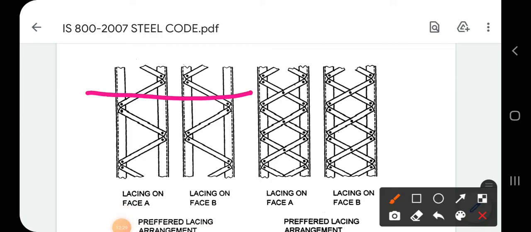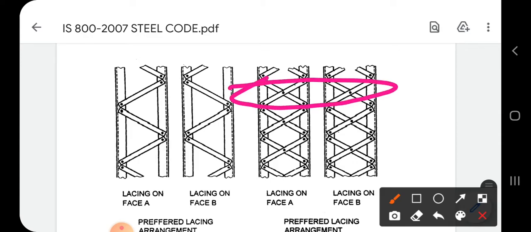In this plane, this is face A. Face A has one lacing bar, and similarly on the other side of the column you can see another lacing bar. So in this plane there are two lacing bars. Similarly, in a double lacing system, in this particular plane there are two lacing bars on either side of the column.